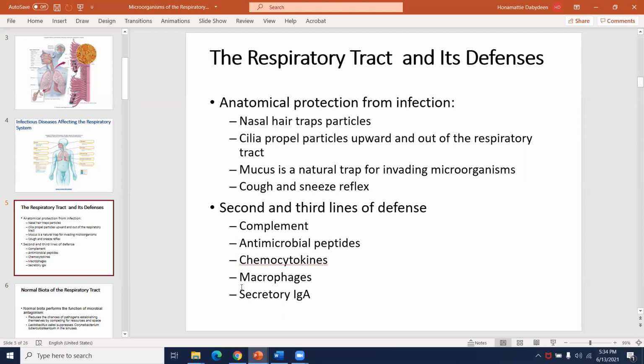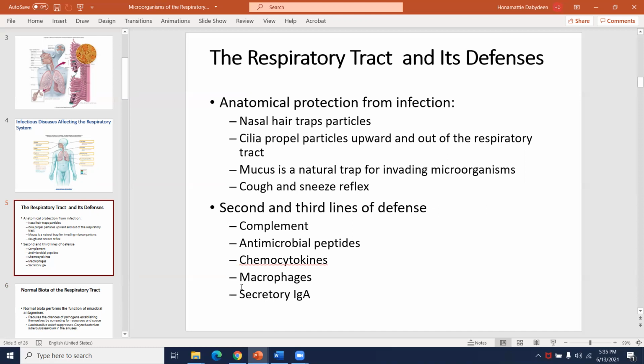We have cilia that will propel particles or organisms upwards and out of the system. In the respiratory tree, especially in the trachea and the bronchi, there is something called the cilia escalator, and that's what I'm talking about. They are going to move organisms upwards and try to get them back out.